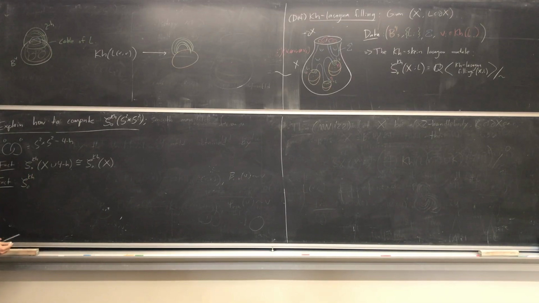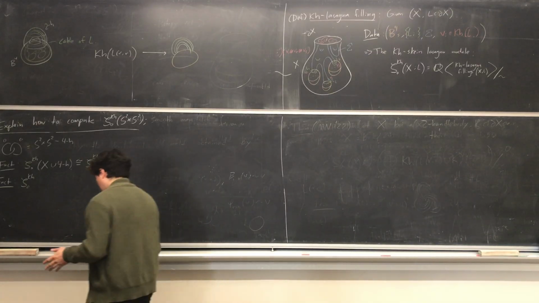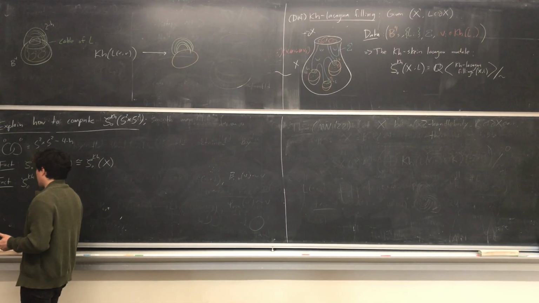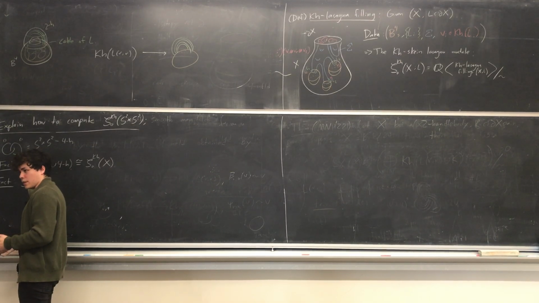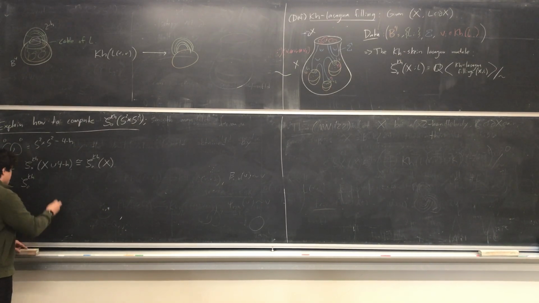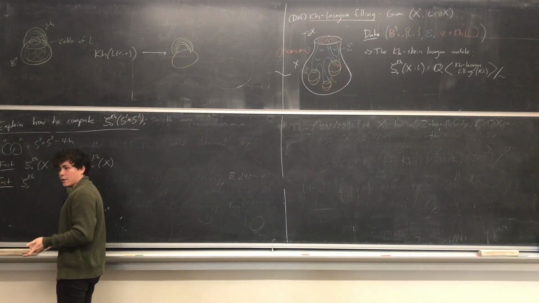So when you make a Skein lasagna module, you're building it from a link homology theory, and that link homology theory will have some algebraic structure. It might be bigraded or filtered or something like that. When you cook up a lasagna module, the module inherits that algebraic structure. So Khovanov homology is bigraded. The Khovanov Skein lasagna module is also bigraded.